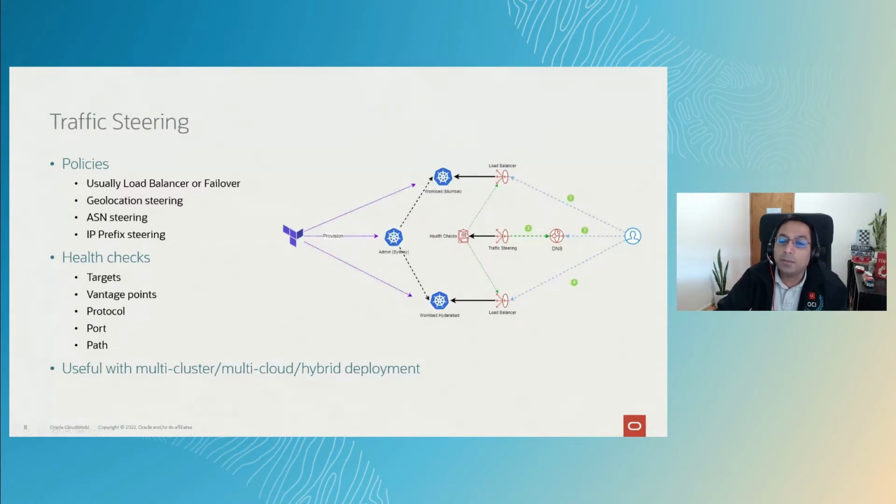You can do so, and then what will happen is that the health check will detect that the traffic is failing, and then it will remove the Mumbai cluster from its answer pool, and then all traffic will be directed to the Hyderabad cluster instead. Traffic steering is very useful, especially if you've got multi-cluster.